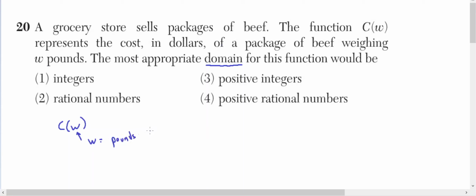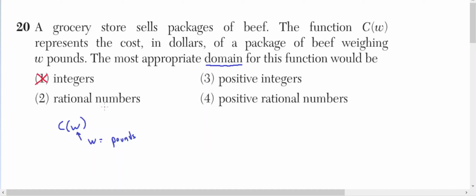And the question is, what unit or what numbers would correspond to measuring something in pounds? So, for example, integers probably wouldn't make too much sense because you could have negative numbers, and we don't really have a notion of negative weight. So positive integers would be more appropriate than integers simply because of the word positive. So that means we can eliminate choice number 1.